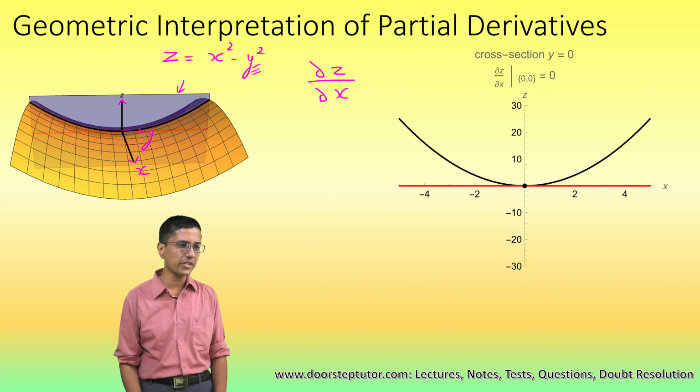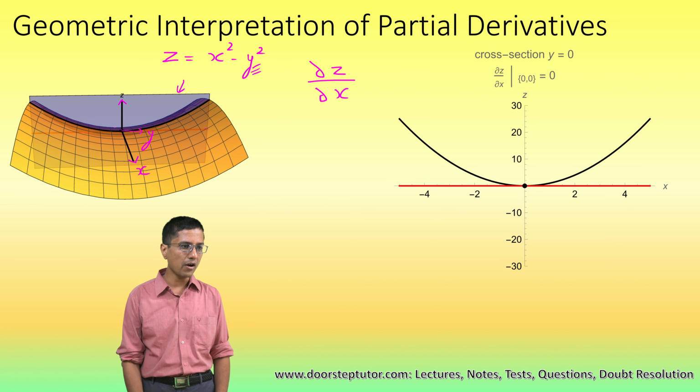So y remains constant along this plane, and we have taken the snapshot of this z with respect to x only. How does z change with x? In this blue colored plane, we are assuming that the y is actually constant. So the only thing changing along this plane is x.